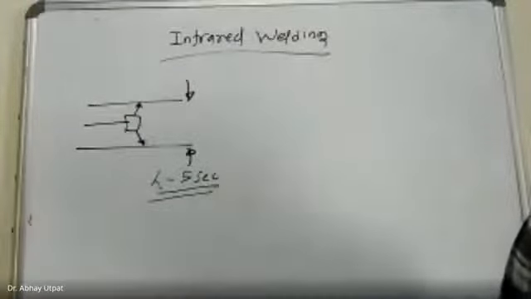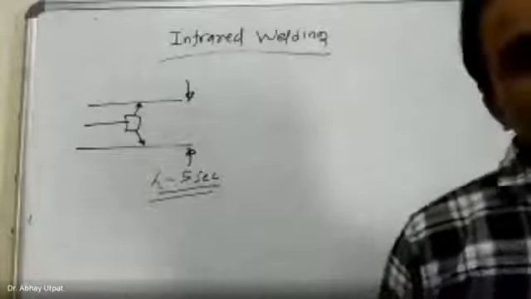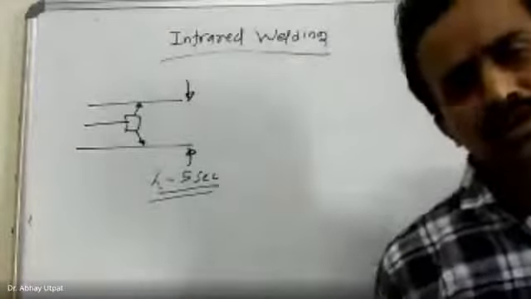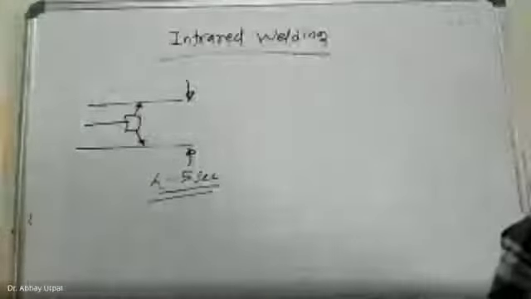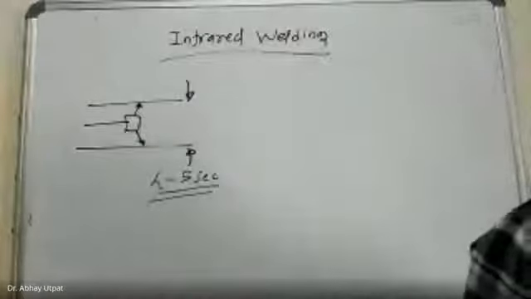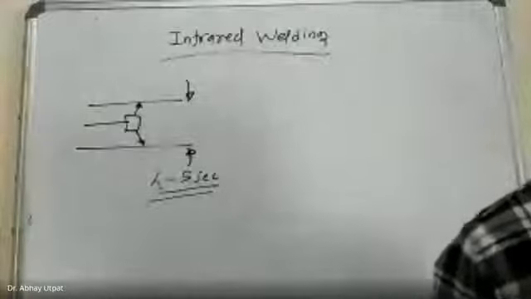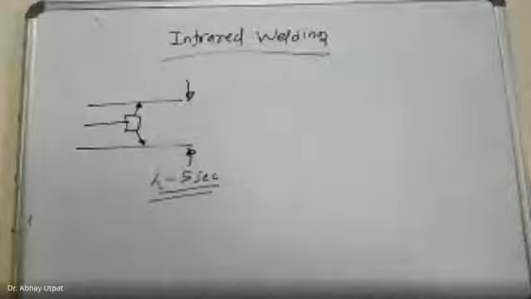And see here, the main application of the components is in the aeronautical industries, where you require very crucial and precise joints. And as this process is very fast and has good flexibility, it is used for many such precise works and precise applications.